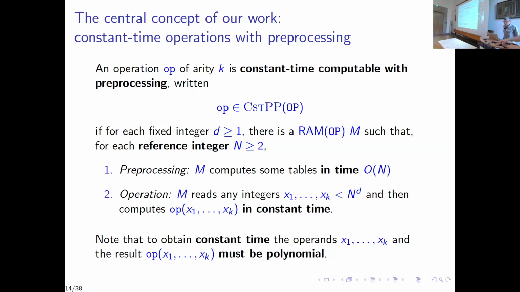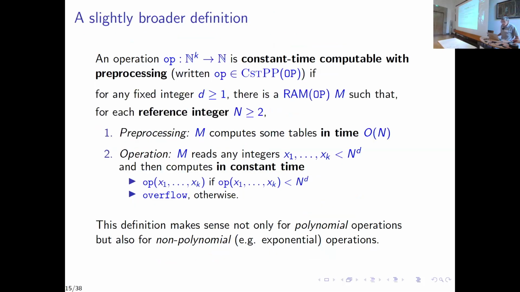It needs that the result is polynomial. So it can be generalized, for example, for exponential. It's exactly the same definition. You have to compute in constant time the operation if the result is polynomial in the bound you have fixed, or else you have an overflow.